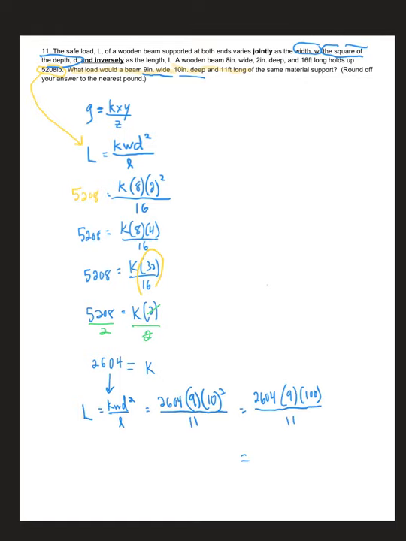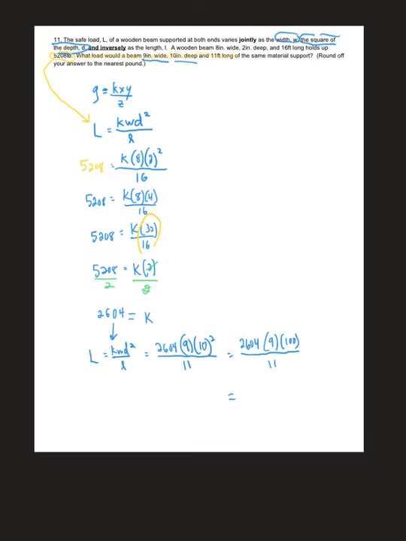Divided by 11. All right, and rounding to the nearest pound on the word problem. 21305 4.5455. Want to round to the number in front of the decimal place, so 21305, and then since the number to its right is 5 or more, that 4 is going to go up to 5.